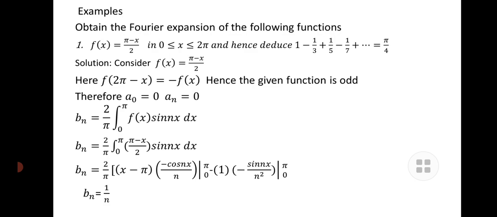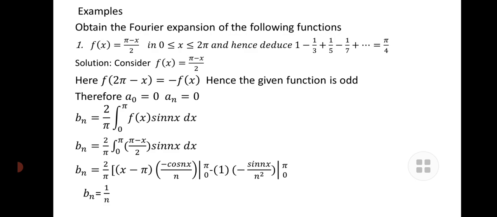Therefore, a0 is equal to 0 and an is equal to 0, because we already know that if the function is odd, the Fourier series contains only one Euler coefficient, that is Bn.